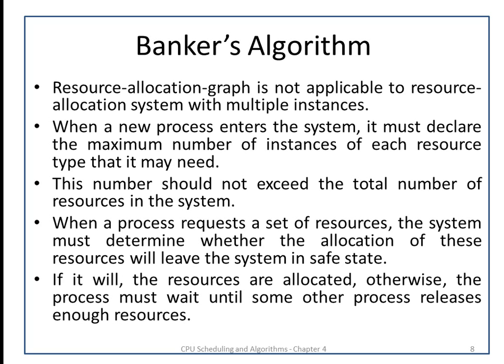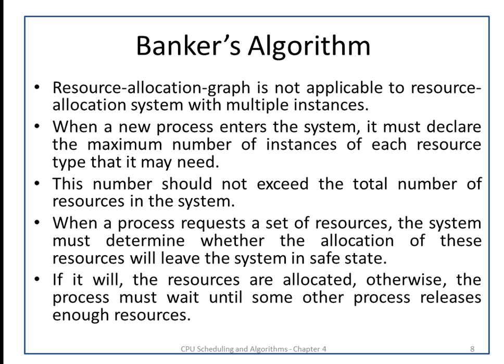The algorithm is commonly known as the Banker's algorithm. The name was chosen because the algorithm could be used in a banking system to ensure that the bank never allocates its available cash in such a way that it could no longer satisfy the needs of all its customers.